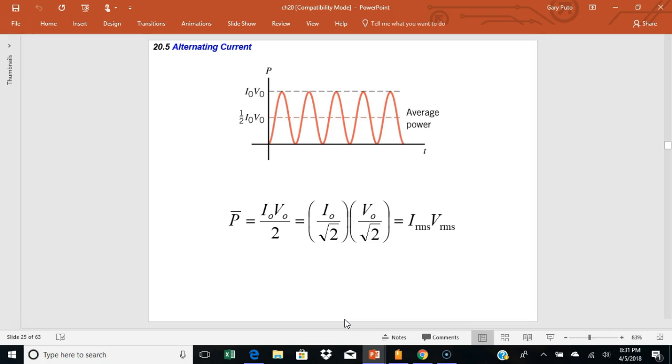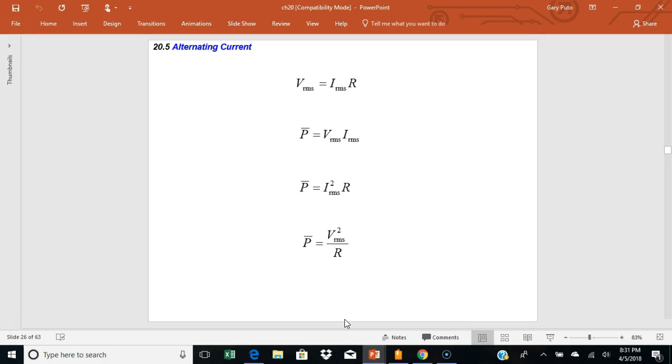That's I sub 0 over the square root of 2, times V sub 0 over the square root of 2. Here you've got the alternating current equations, where the average voltage, noted as V RMS, is equal to the average current, noted as I RMS, times the resistance. Average power is average V times average I. So there are three different ways to express power there. Alternating current.